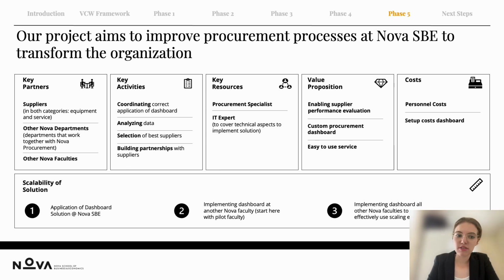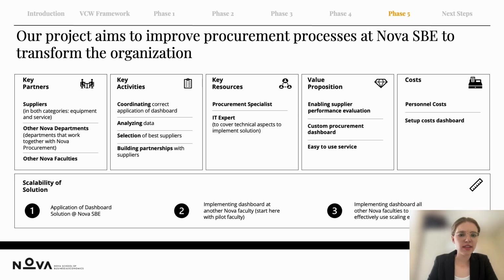Then we have the selection of the best suppliers, and in the end, which is more like a long-term activity, building partnerships with the suppliers. To do so, two different key resources are required. So first of all, a procurement specialist, and also an IT expert to cover the technical aspects that are related to implementing and maintaining the dashboard.